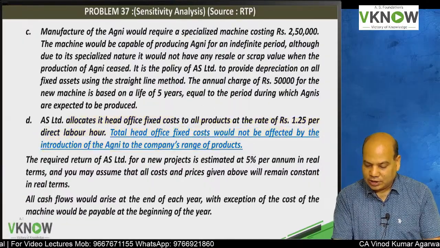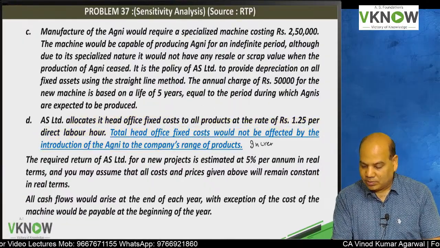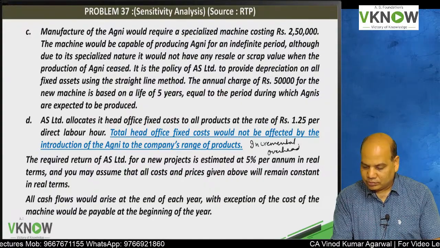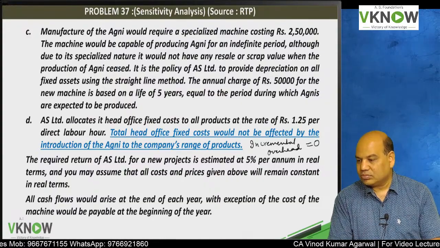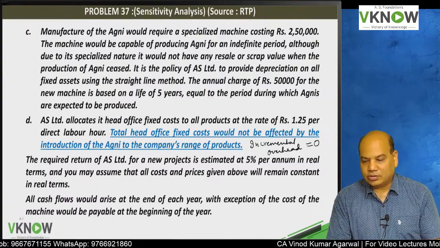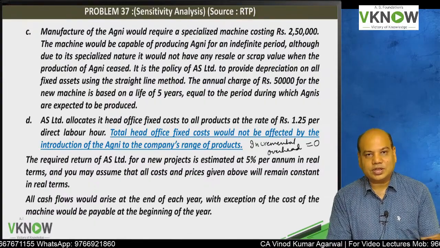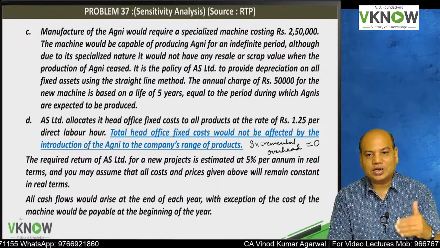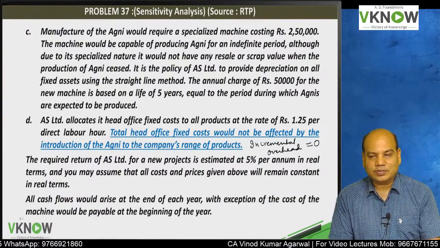The meaning of this line is that incremental overhead is zero. Only allocation will change, but no additional cash outflow will take place.